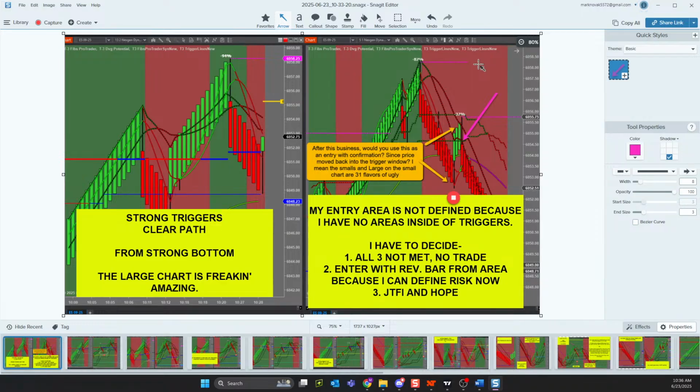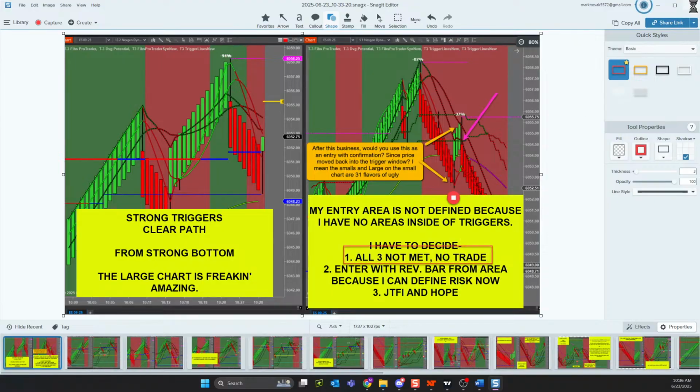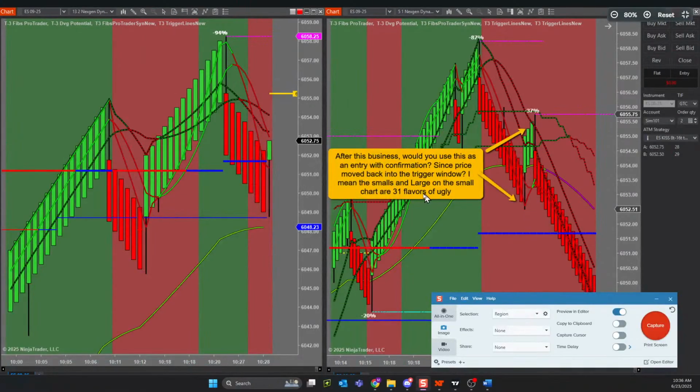So when we talk about confirmation bars, if the rules are like this, if the large chart's perfect and the small chart isn't, confirmation bar is really just giving you a place to put a stop. What's your highest chance of success? My rules aren't met, I choose not to trade. So we're using that as an example, and it's just not there.